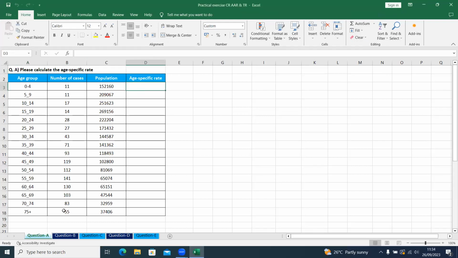Now in this exercise, our first question is, please calculate the age specific rate. Please let me know how we will calculate the age specific rate for 0 to 4 age group. What is our step?